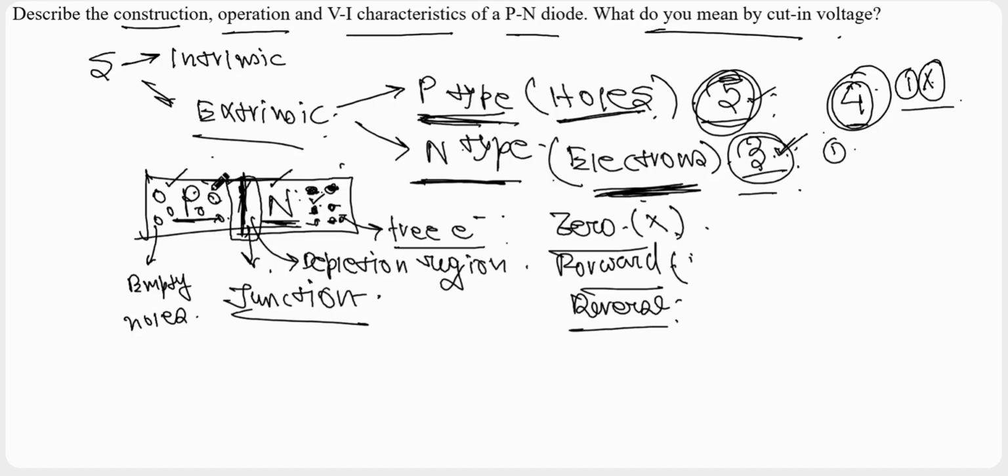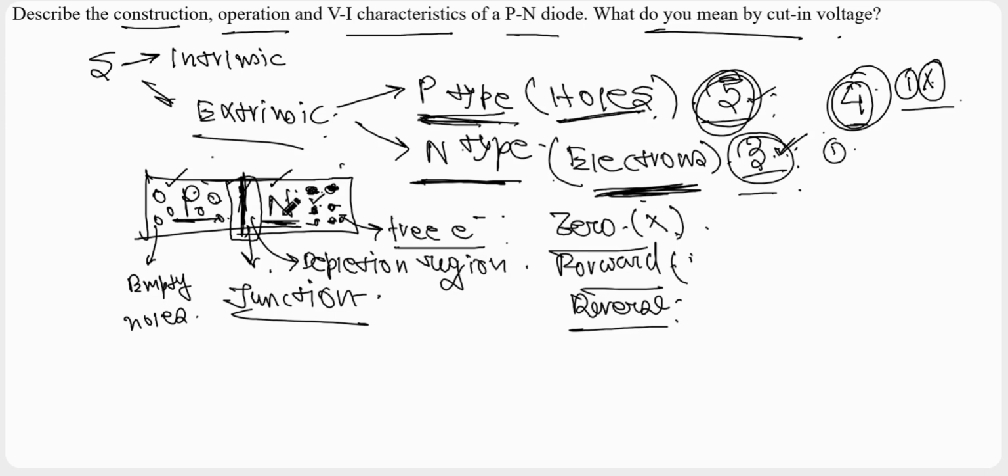So the holes on the P side will try to diffuse to the N side, and the electrons from the N side will try to diffuse to the P side. This gives rise to a diffusion current across the junction. When an electron diffuses from the N side to the P side, an isolated donor is left behind on the N side.